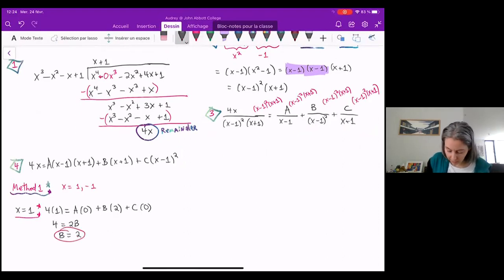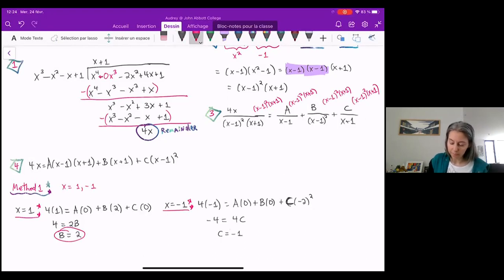And now I'm going to plug in the second zero, so that's x is equal to -1. So here I'll have 4 times -1. Again, my a cancels out, that's going to be multiplied by 0. This time my b also cancels out, and I'll have c times -2 squared. So I get -4 is equal to 4c, and c is equal to -1.